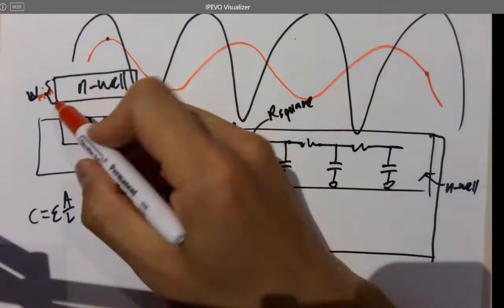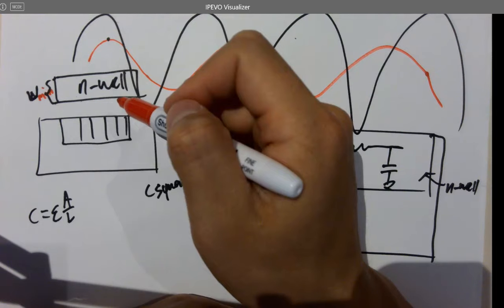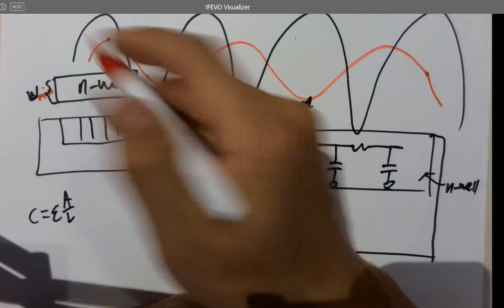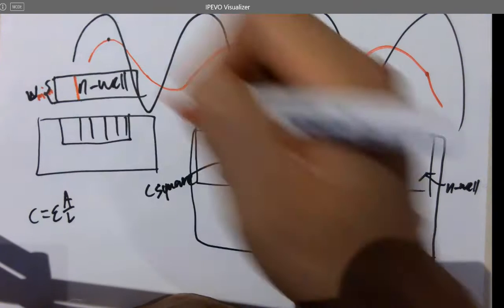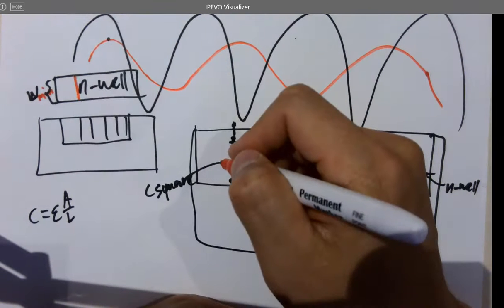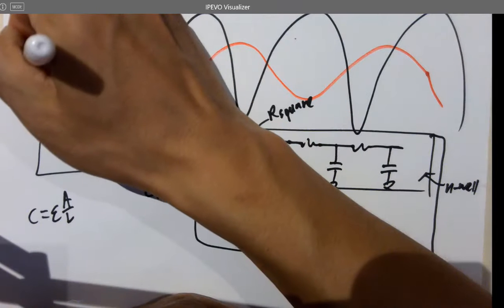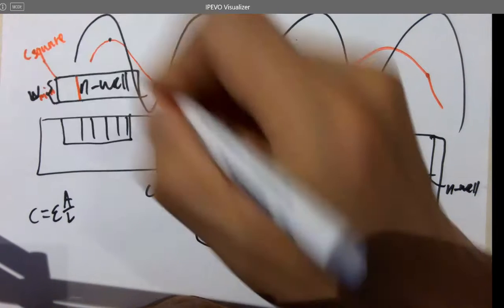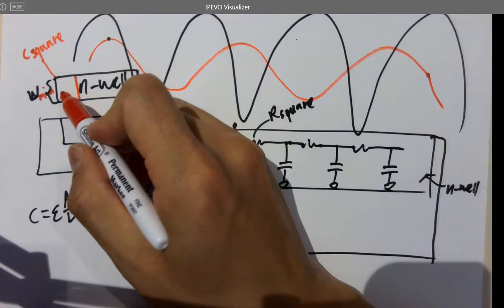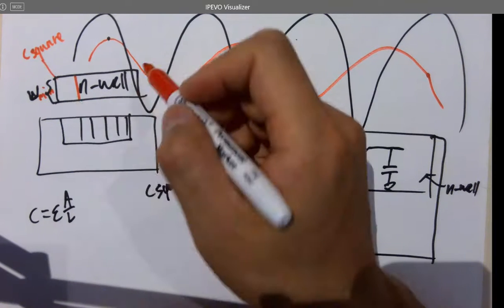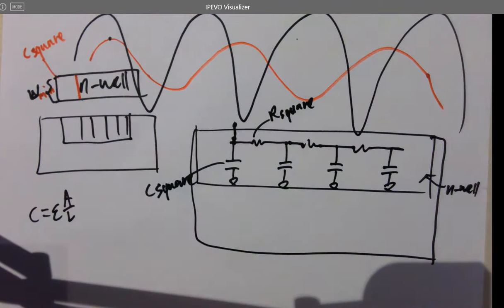So in that case, if you get a little square over here, this can generate a C square, right? So underneath it, it has a C square from the N well to the P substrate. So is that a constant? It should be, right?